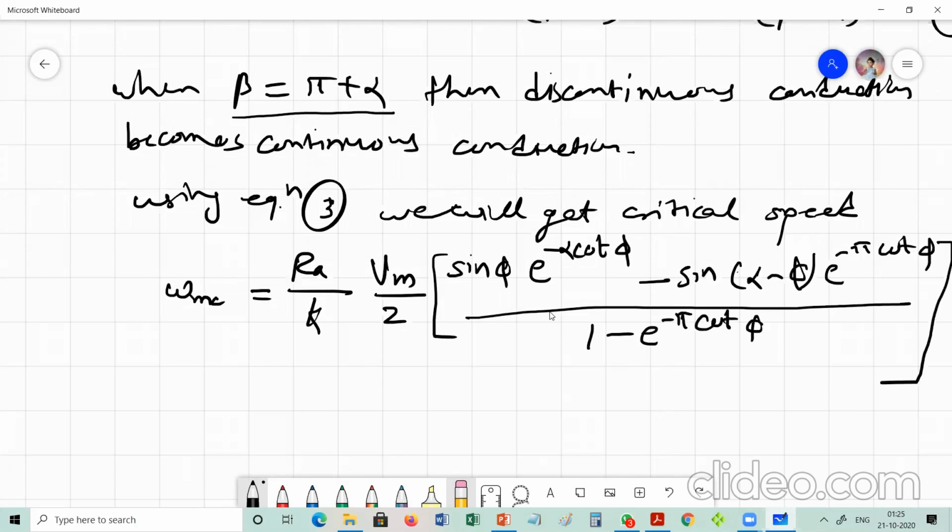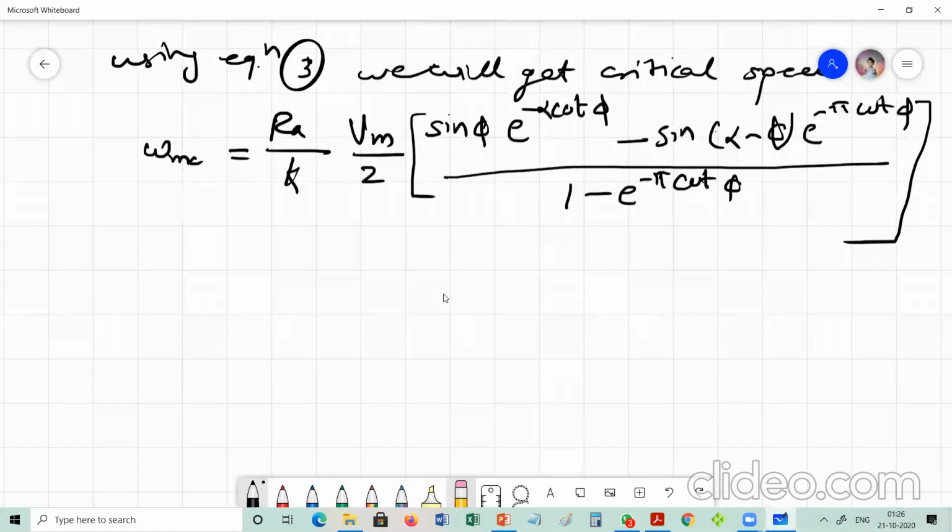You have to remember this equation in order to identify whether the machine is operating in continuous mode of conduction or discontinuous mode of operation.